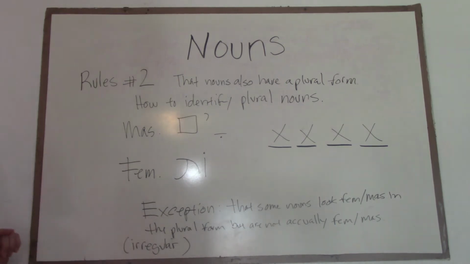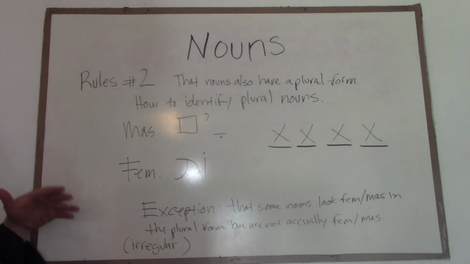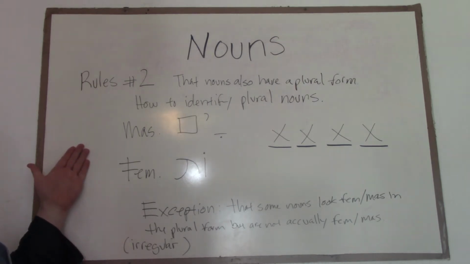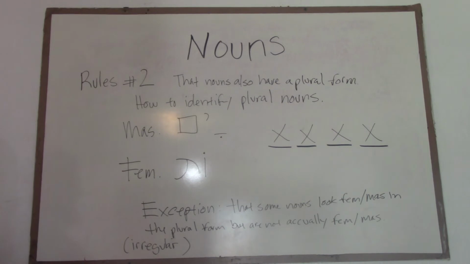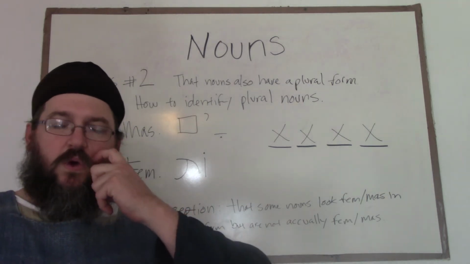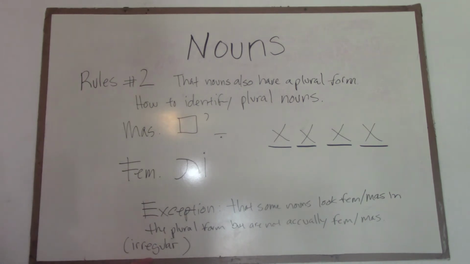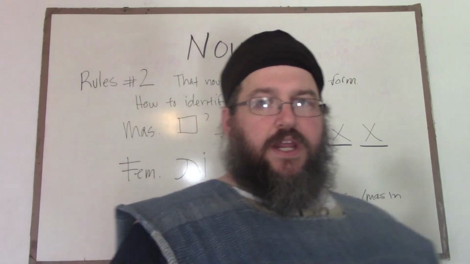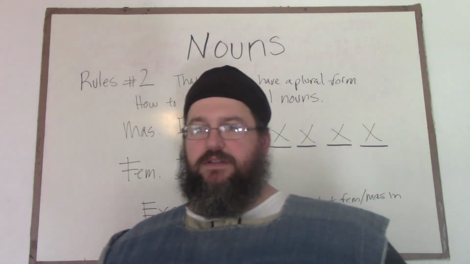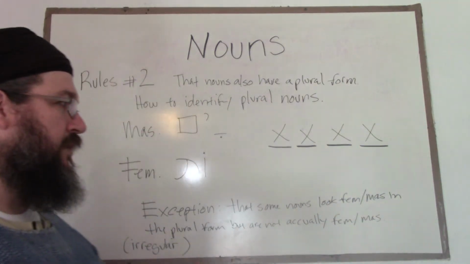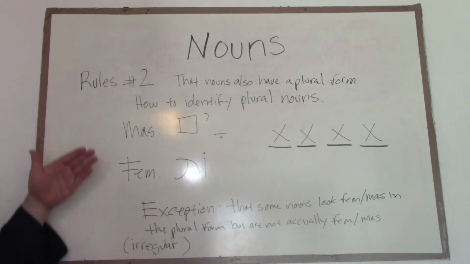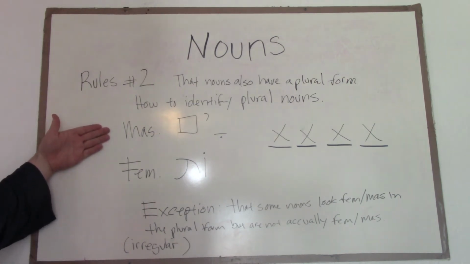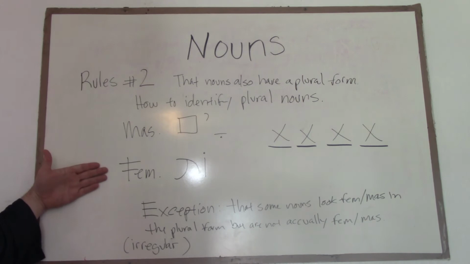If I know the rule that some nouns, if I put them back in the singular form and they look masculine, I have to ask the question, is this a dual appendage or is this an irregular noun? If it's a dual appendage, then I know immediately it's going to look masculine in the single form, and therefore it looks masculine also in the plural form, but yet I know it's actually feminine.